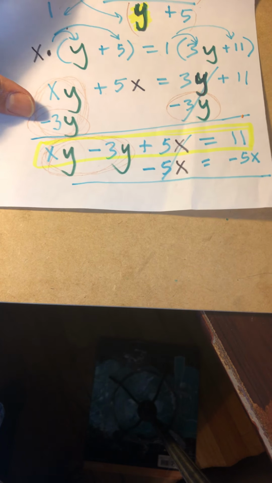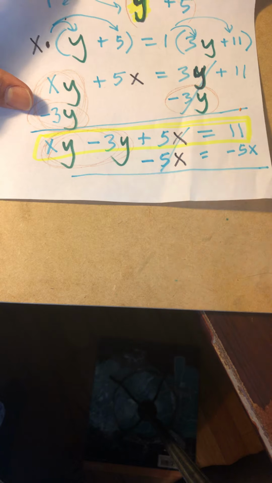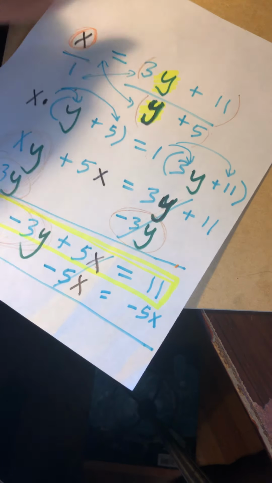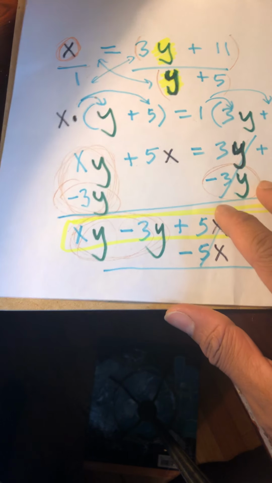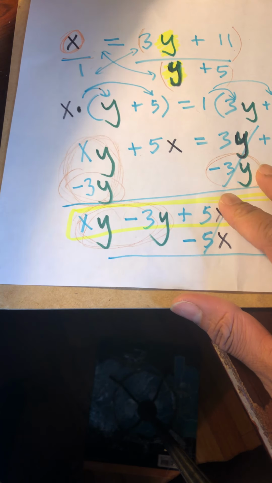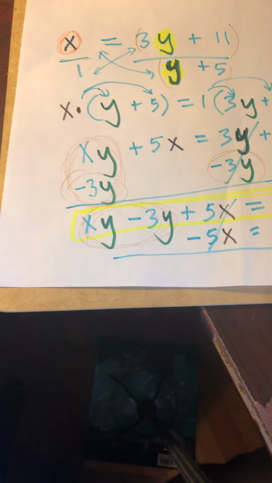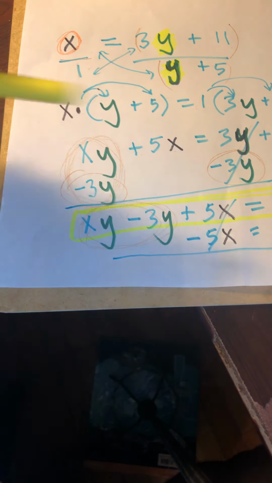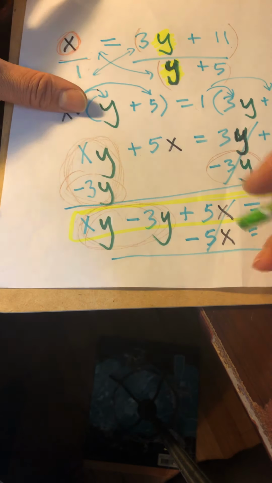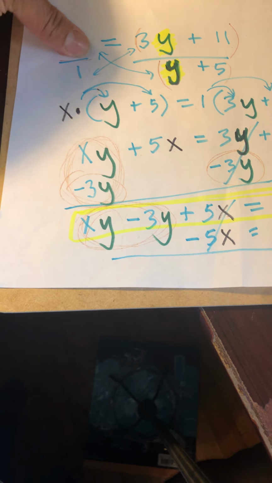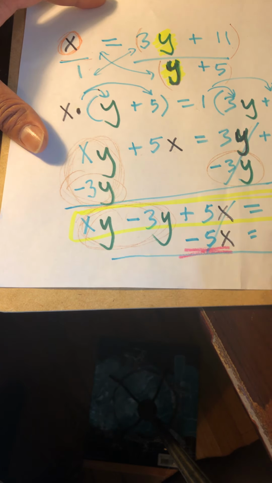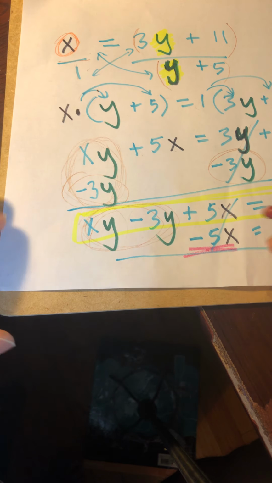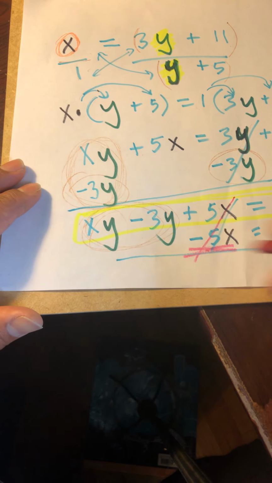And so now I'm going to be subtracting 5x from both sides. I want to isolate my y's. So as you can see here, I subtract 5x from both sides, and the 5x is going to cancel on the left.